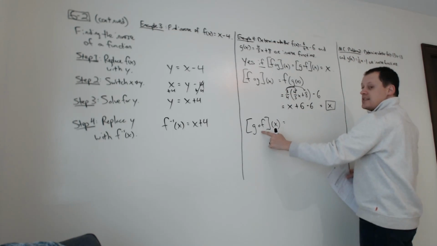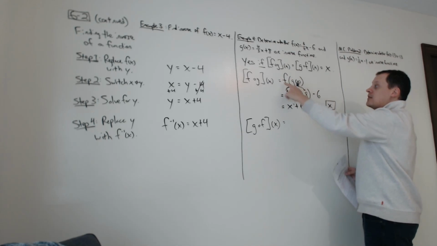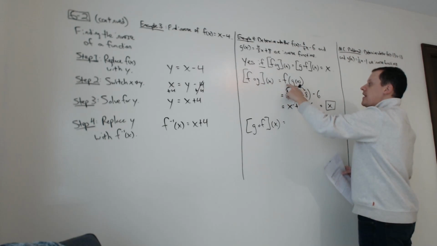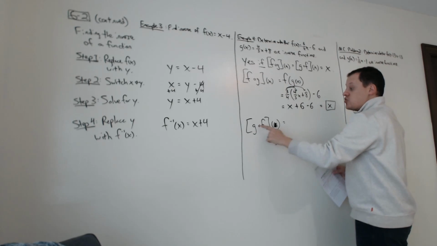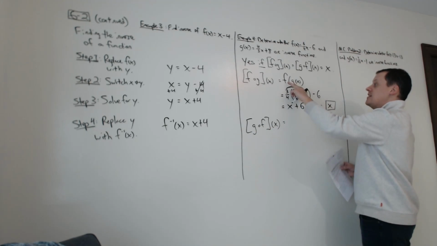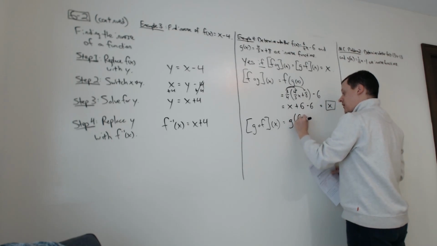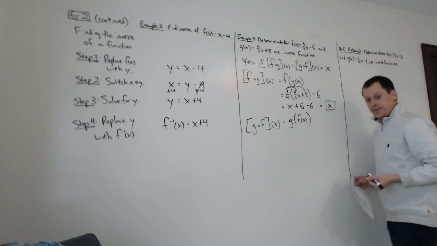We want to write this a different way, something more like this. But since this was f of g, it went f g. This is now g of f. So these two letters are going to be reversed. The g is going to be first, and this will be f of x in here.